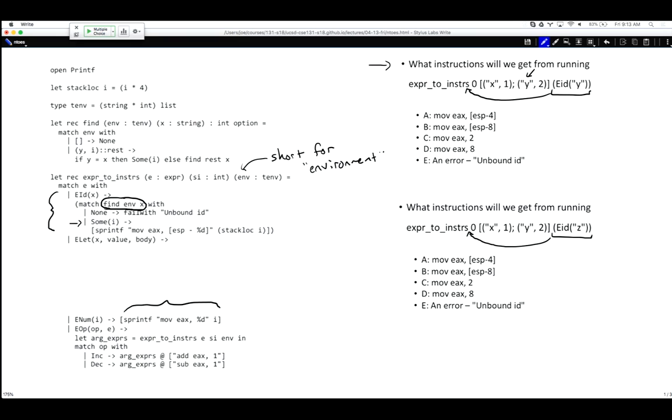And so when an expression only needs one instruction to do its work, we'll just have it return the list containing one instruction, right? And that's what happened for primitive numbers. We just moved the number into EAX. That's also what's happening for IDs. We're moving something about where the ID is into EAX, right? For these operators, we would maybe have more than one instruction because we have to evaluate the argument.